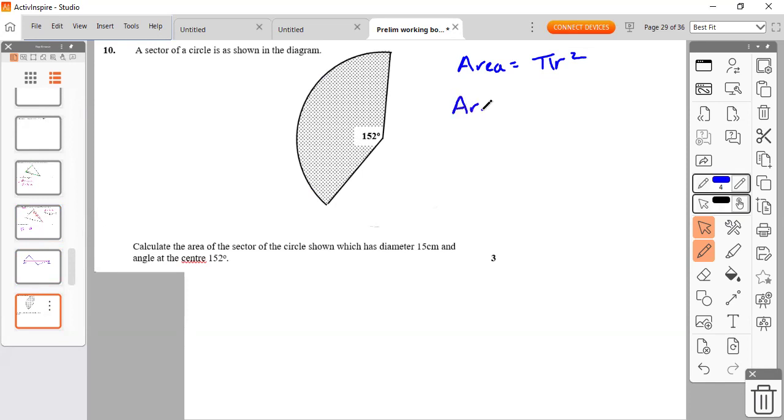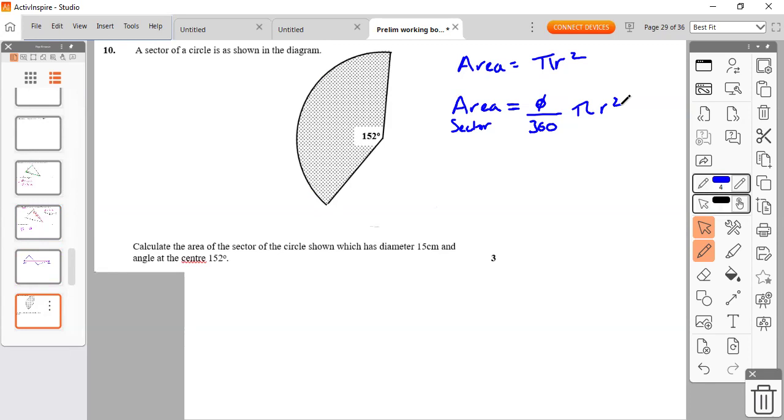So its area, the area of the sector, is equal to the angle, which I draw as a wee circle with a line through it, over 360. 360 is a full circle, 360 degrees. So what we're finding there is the ratio of the angle divided by the full circle, the proportion of what the sector is actually showing, multiplied by pi r squared. That's our formula for area of sector.